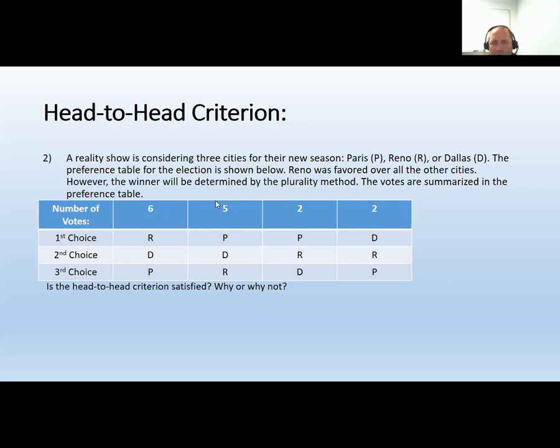Let me give you about a minute. The plurality method's not as long to do as a lot of other methods. I'm going to give you about a minute to determine who wins by the plurality method and whether the head-to-head criterion is satisfied.